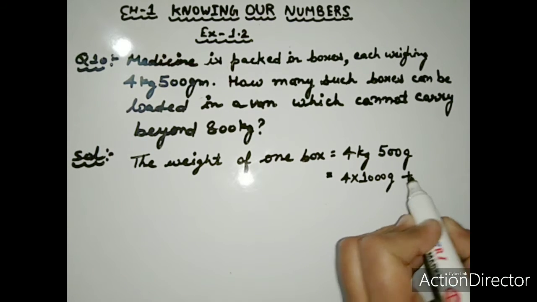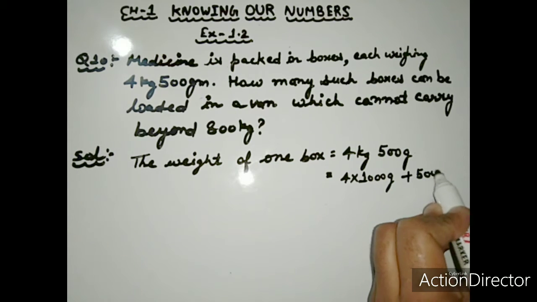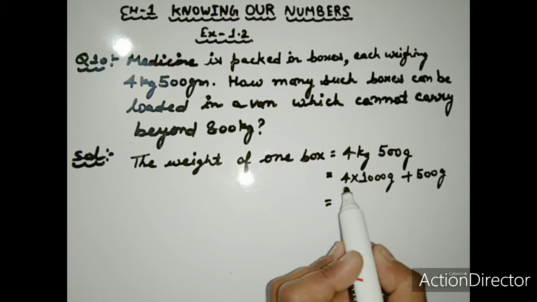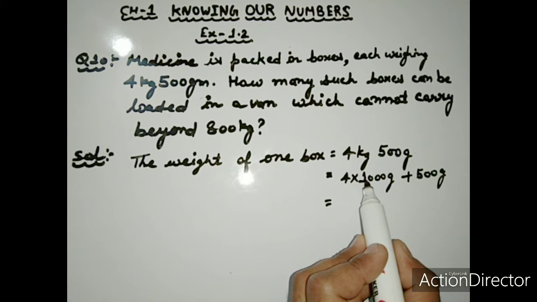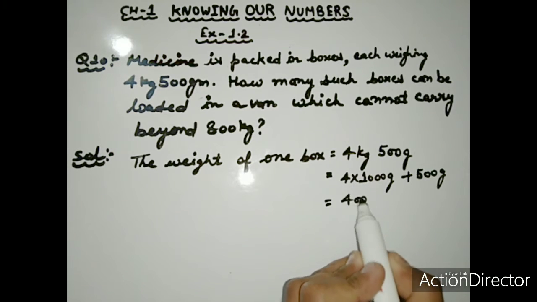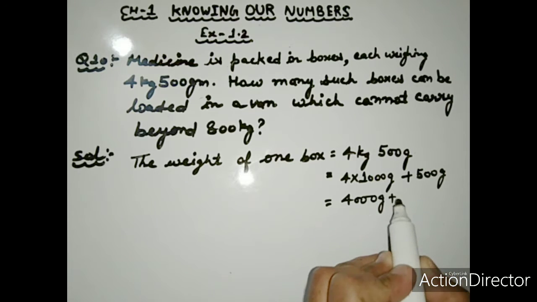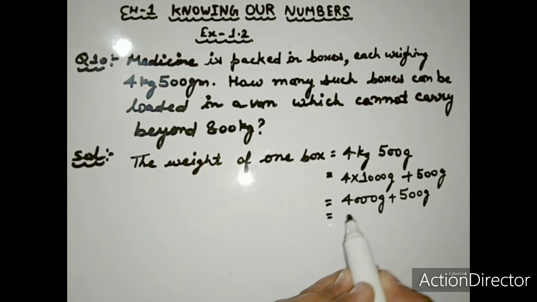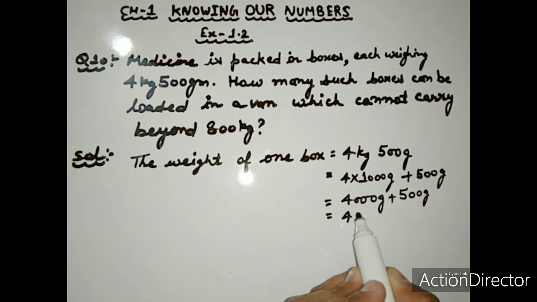Then we will add 500 gram with this value. So here we get 4 multiply by 1000, 4000 gram plus 500 gram. So when we add these two quantities, we get 4500 gram.